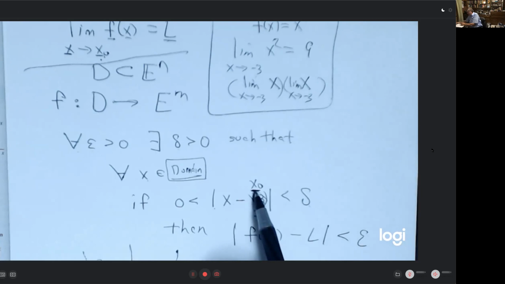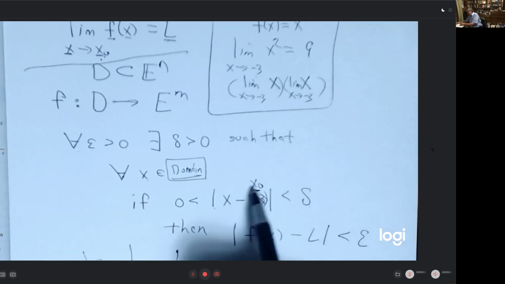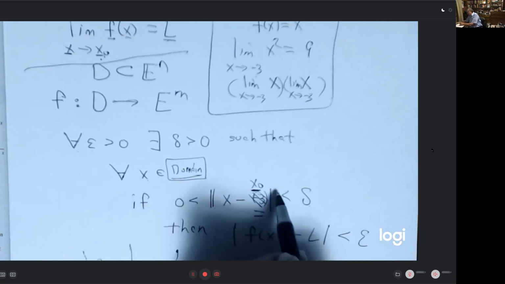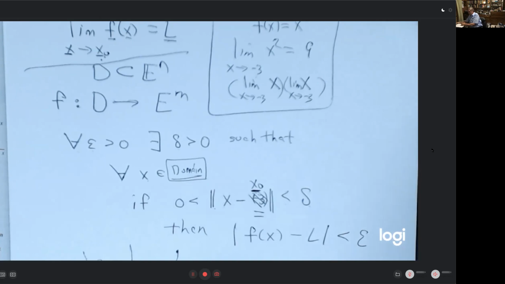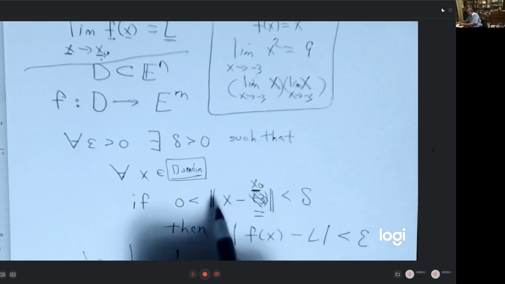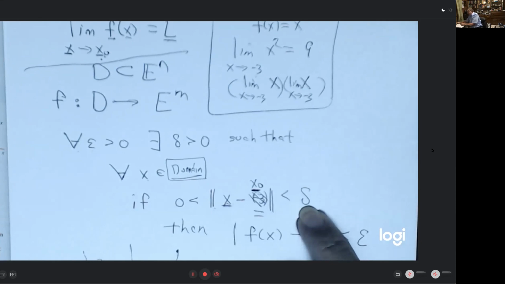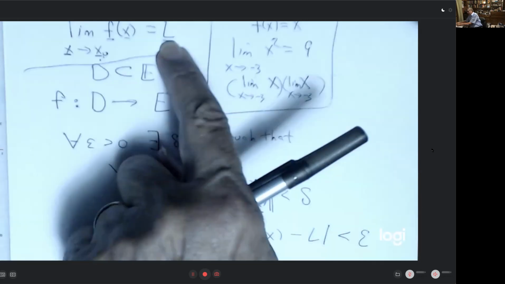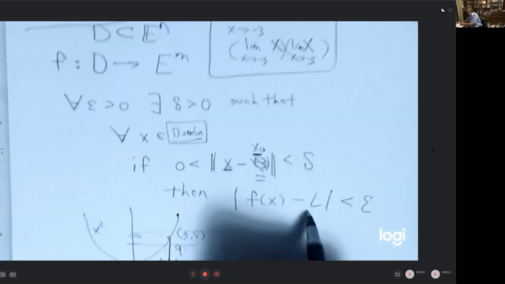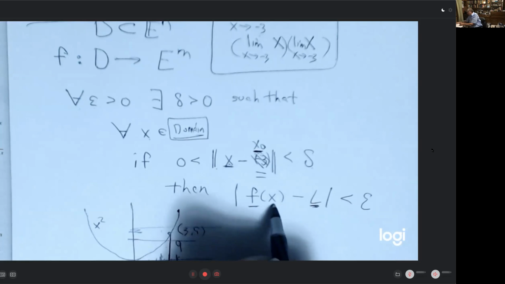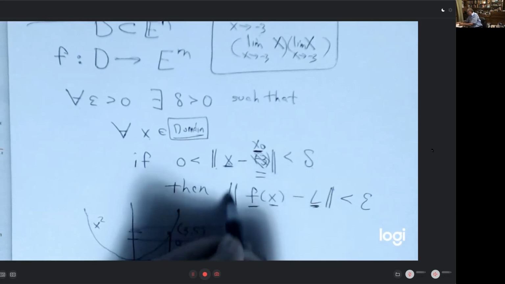If that's what I'm doing, then some of this doesn't make sense, because for me, distance between vectors involves norms. So you would see an arrow under here. You wouldn't see an arrow under delta because delta is a number. If my L is a vector, then I need to have bars under here, and I need to have two lines here.